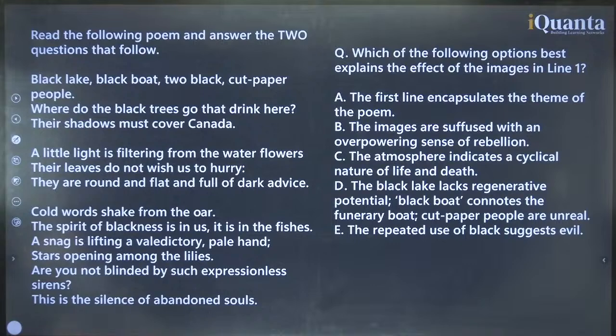Which of the following options best explains the effect of the images in line 1? Let's see who answers that. Line 1.